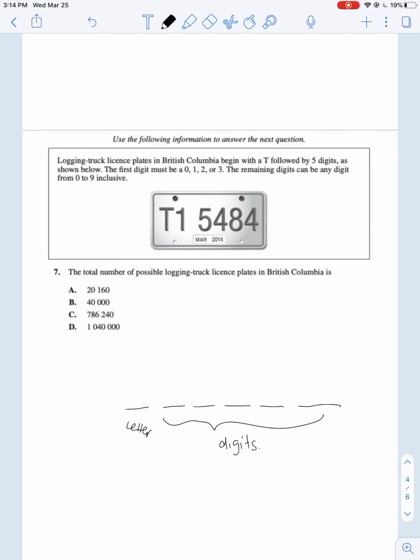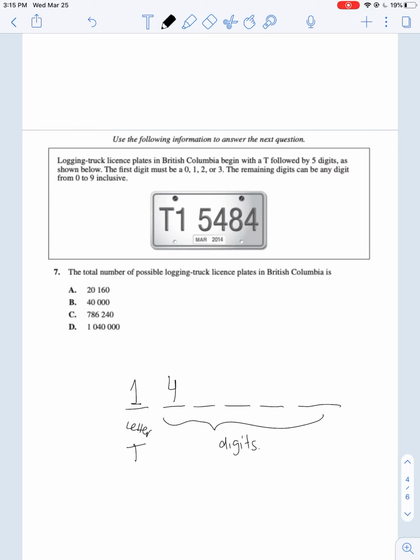Okay, so the total number of possible logging truck license plates in British Columbia is, well, they say that the British Columbia license plates begin with a T. So this one has to be a T, which means that there's only one available option there. The first digit afterwards has to be 0, 1, 2, or 3, so that means there's 4 choices here.